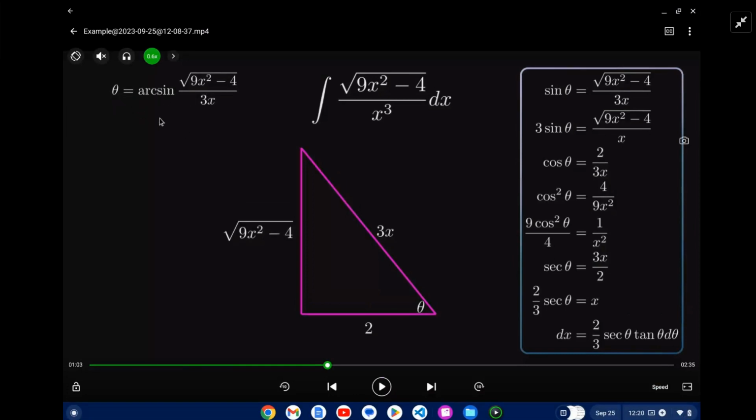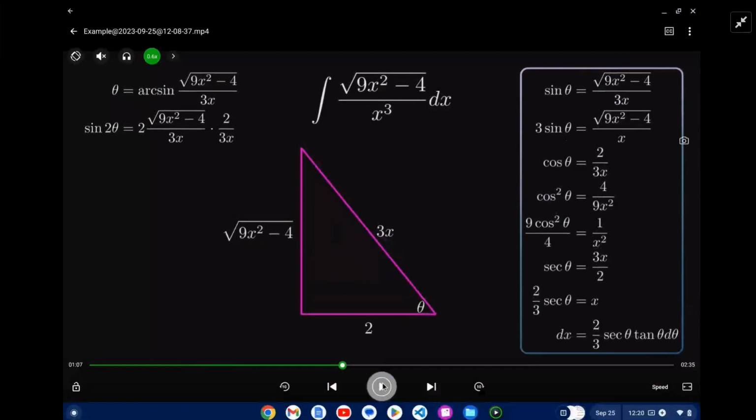You could write this a number of different ways, using any trig function you want. I just chose sine. I think you'll see other answers with different trig functions here. Just recognize that they're the same. So we have an expression for theta. It's the inverse sine.